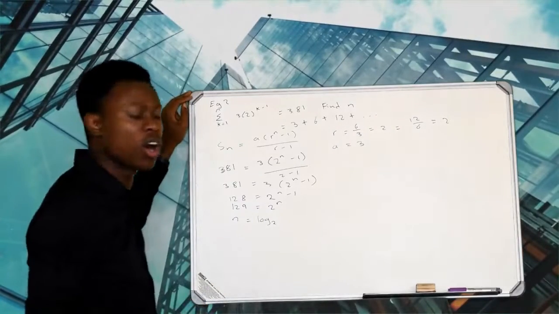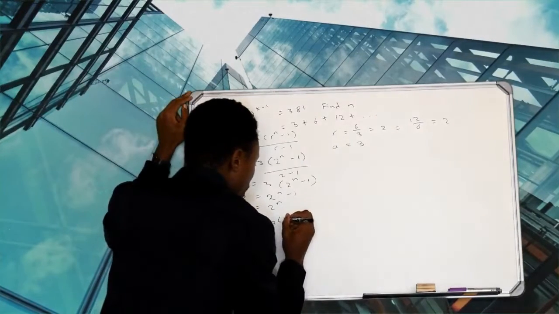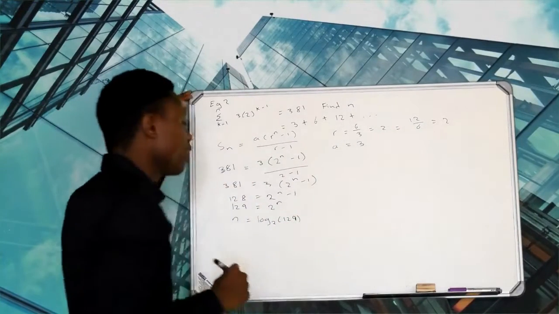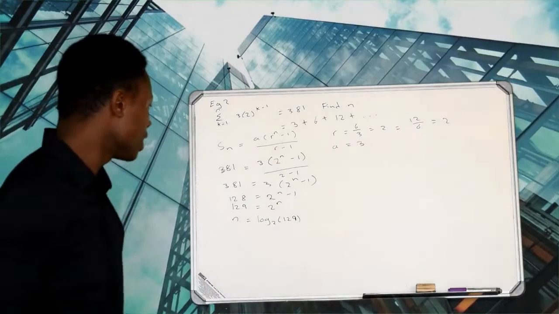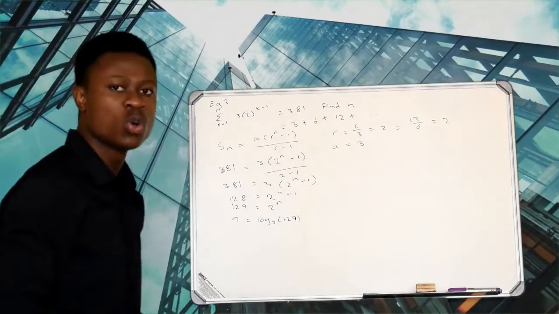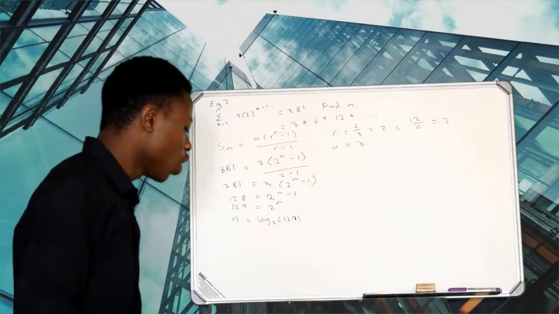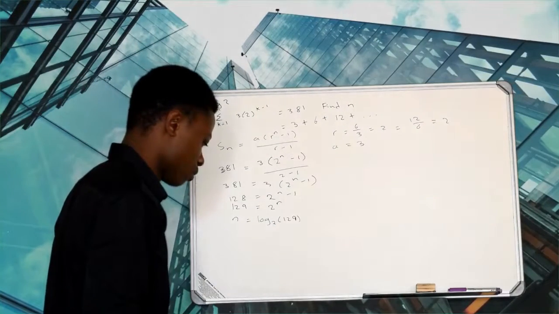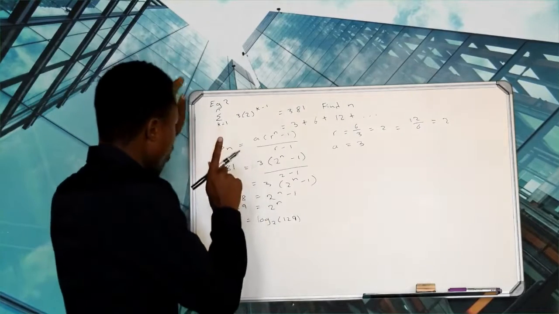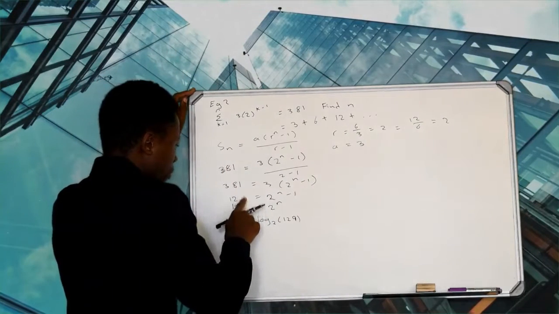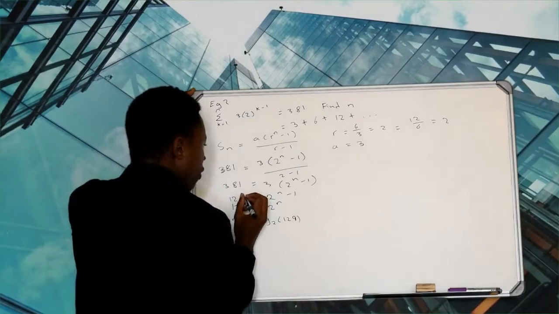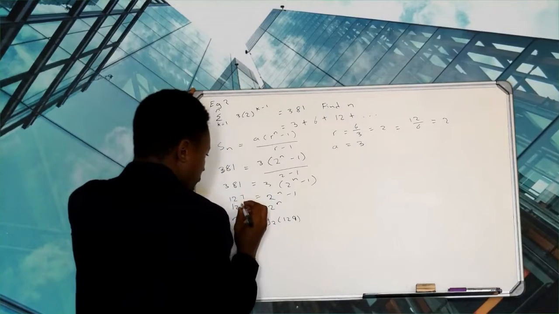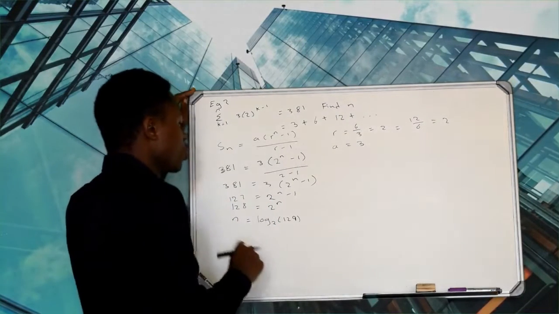The base of my log, right? And the number on the inside of the bracket is the number that was on the other side. So now I have log 2 of 129. Sorry, this is 127, and then when we add 1, it becomes 128.